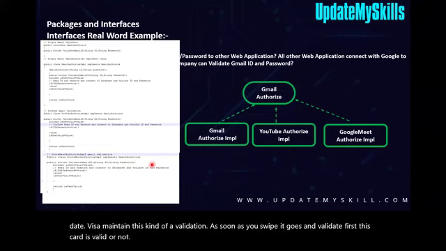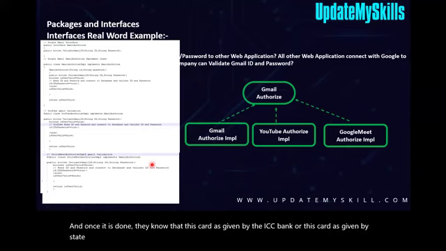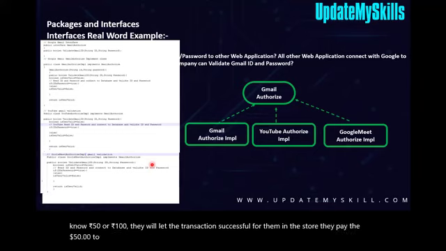Once that is done, they know that this card was given by ICICI Bank, or by State Bank, or by Axis Bank. They know it actually. Whenever you buy something for 50 rupees or 100 rupees, they make the transaction successful. They pay the 50 to the store person, and they will deduct that money from your bank account, or you need to pay the money back to your credit card.